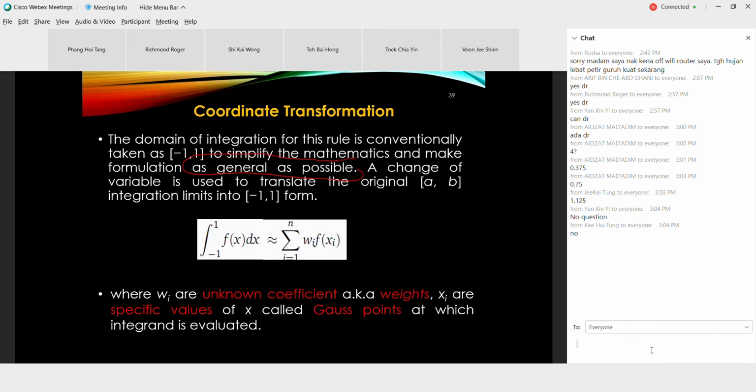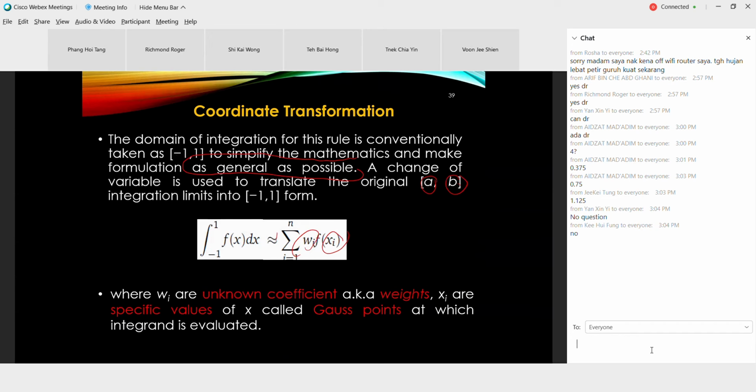We want to nondimensionalize the values from a to b to x1 to x2. A change of variable is used to translate the original integration limits a and b into the -1 to 1 form. So we transform a to -1 and b to 1, so it can be approximated using weightage. When we transform, it is basically the summation of the weightage multiplied by the function of xi.